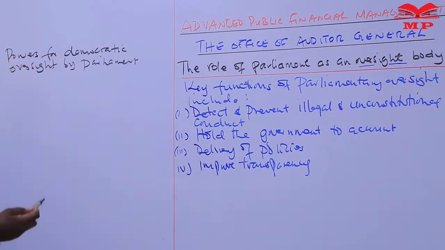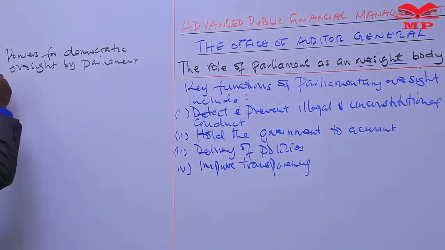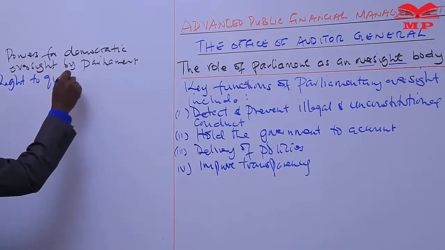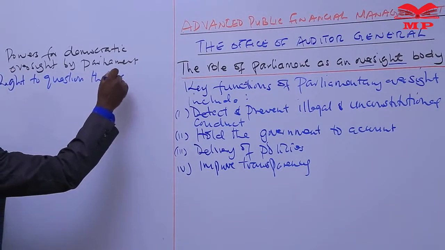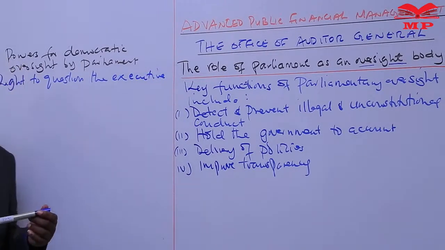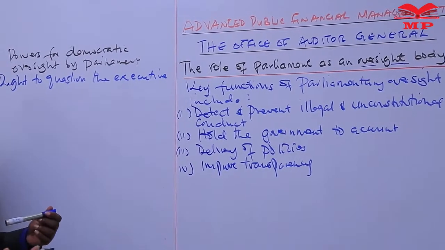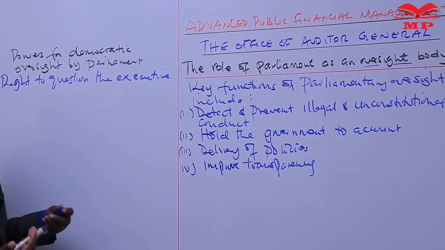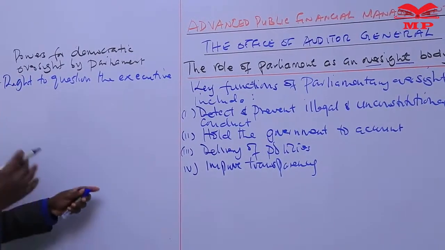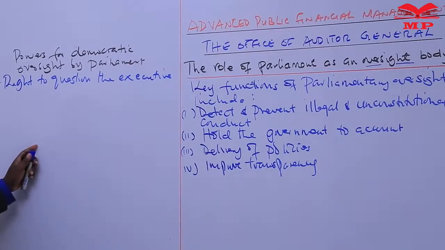The right to question the executive arm of government. Okay? The right to question the executive in parliamentary sessions, and also to debate the merits of government policies and decisions.